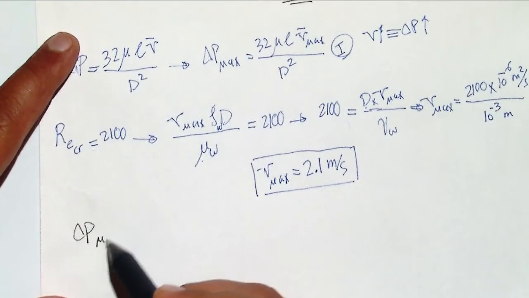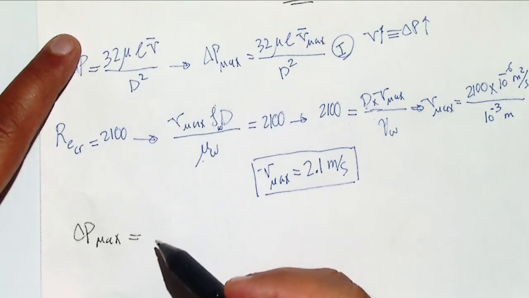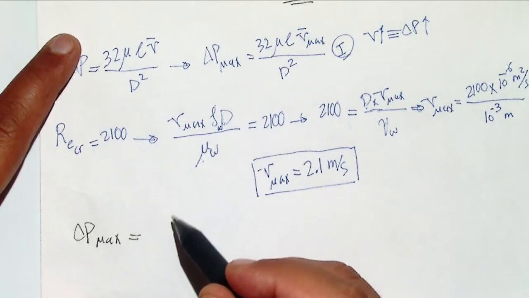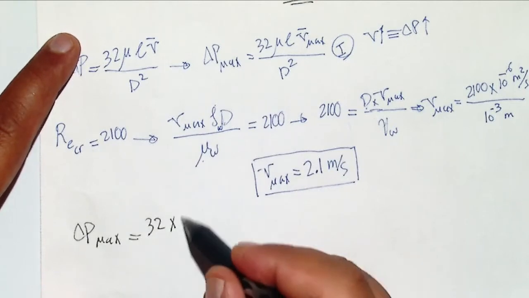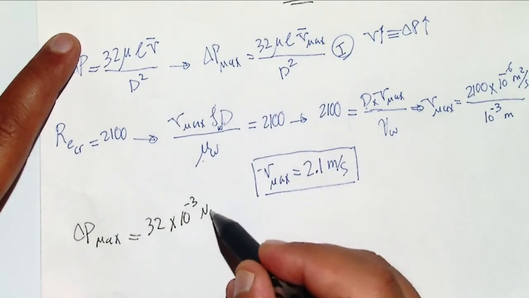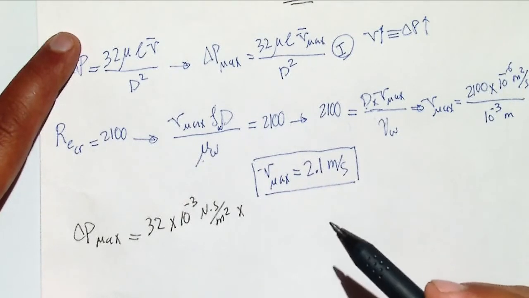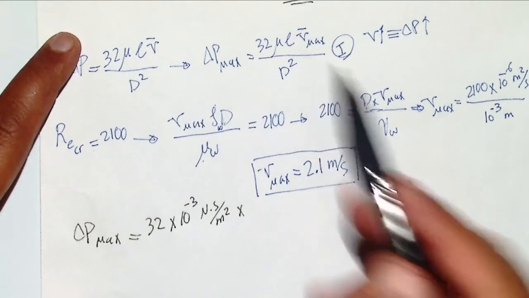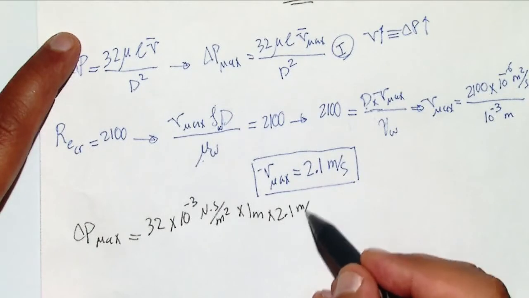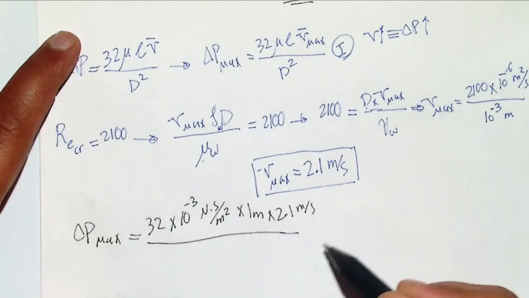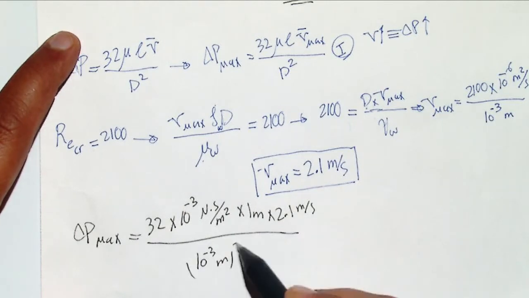So delta P max, the maximum pressure drop allowed to have a laminar flow, is equal to 32 times mu of water, which is 10 to the power of minus 3 Newton second per meter squared, times L, which is 1 meter, times velocity, which is 2.1 meter per second, over d squared, which is 10 to the power of minus 3 meter to the power of 2.